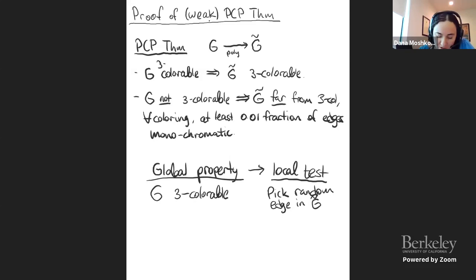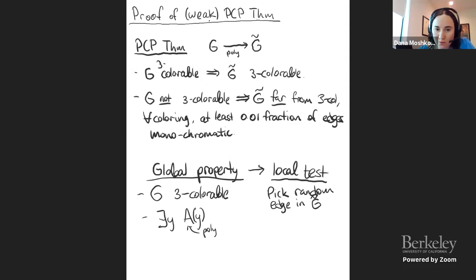Here G is three-colorable, but more generally, as Erik mentioned, it's every property of the form: there exists some solution for your input such that it satisfies something that can be checked in polynomial time. Anything that can be formulated like that, this is what we call NP languages.